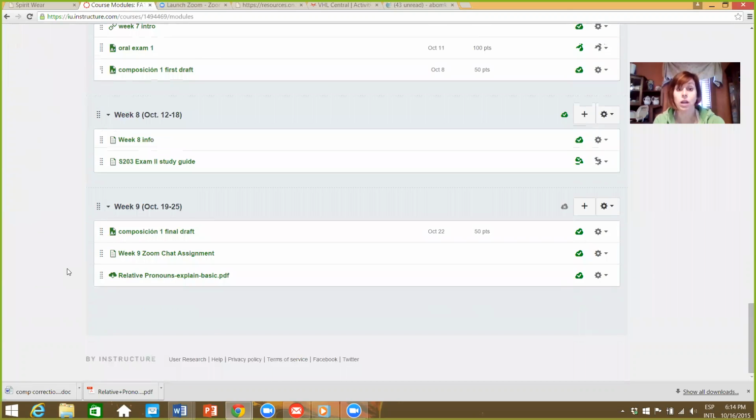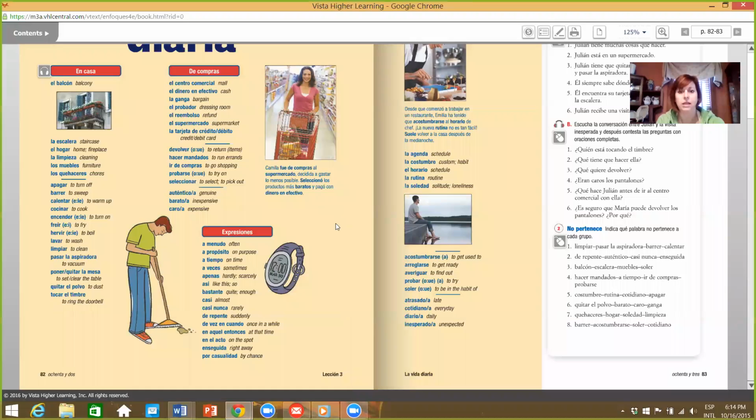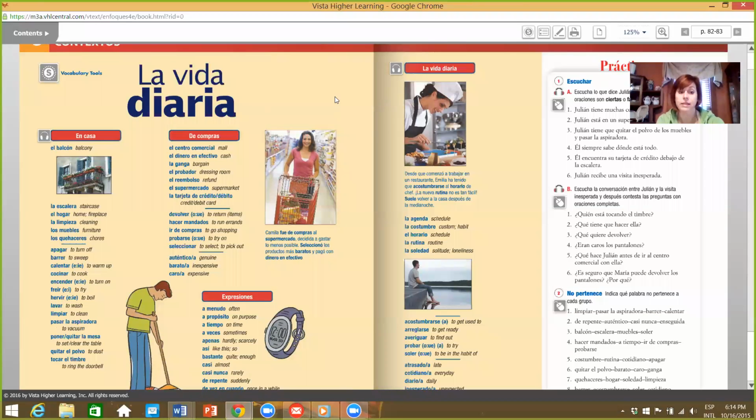¿Qué más? La otra cosa que quiero mencionar es que tenemos una semana muy corta, pero capítulo 3 es un capítulo un poco difícil, porque este capítulo, a ver si puedo encontrar el libro. ¿Dónde está? Ahí está el libro. Entonces tenemos vocabulario de la vida diaria. Y el vocabulario no es súper difícil. El vocabulario es normal, es vocabulario, ¿sí?